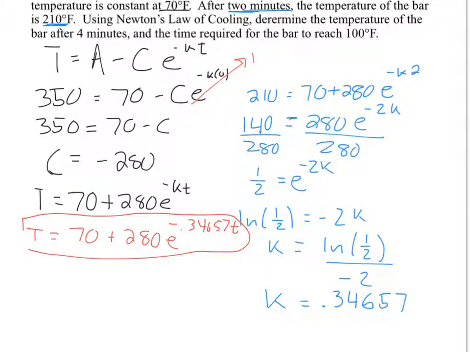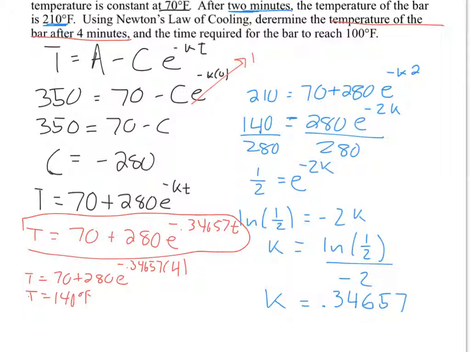So the question I want to answer is, what is the temp after 4 minutes, which is just plugging in 4 for t. And if you crunch that all out, it ends up being almost exactly 140 degrees Fahrenheit.